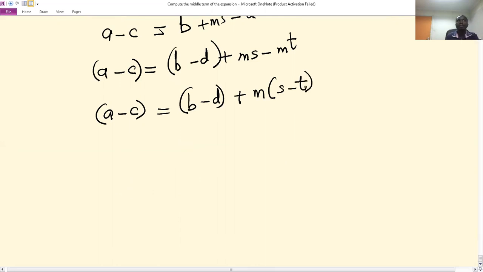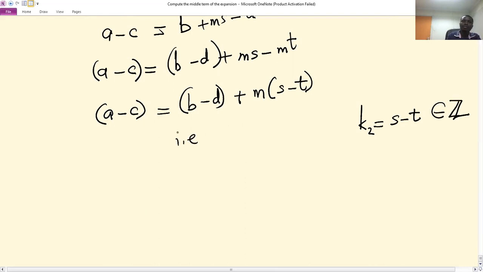Don't forget that S and T are integers. And you know from properties of integers that the difference between two integers is also an integer. So if we let K2 be S minus T, this is still an integer.